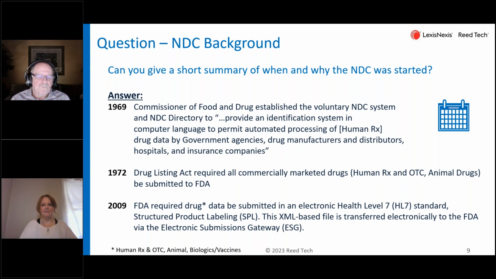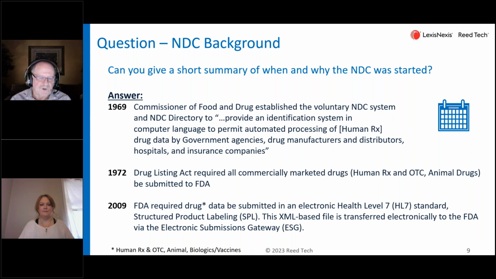So 1972 was when this Drug Listing Act was enacted, and that put some more meat and some enforcement on the NDC. And then noteworthy is 2009 is when the FDA required drug information to be submitted electronically. Prior to that, you were able to use PDF type of submissions, but now it had to be packaged in an electronic Health Level 7 standard.